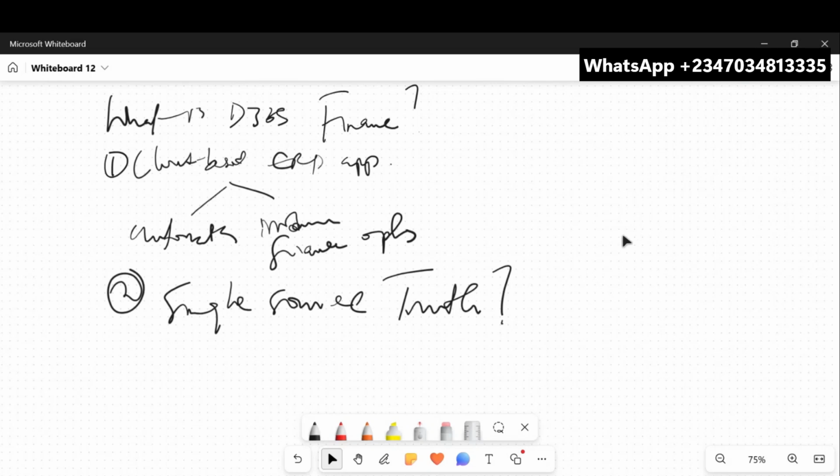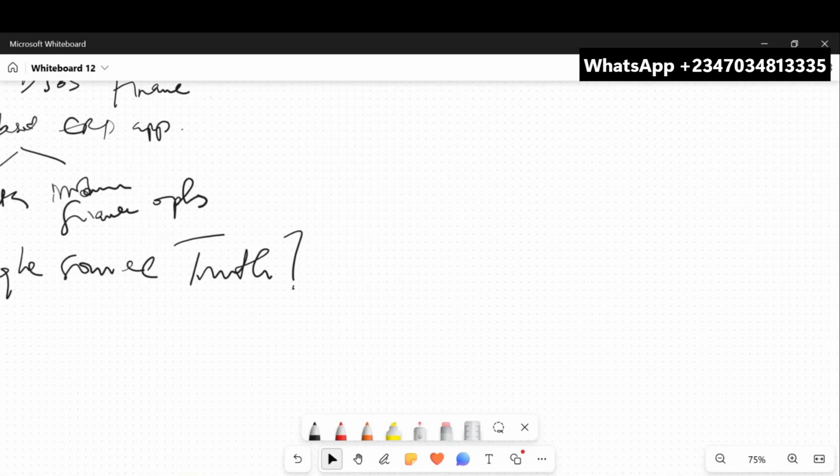Jide gave a very good concept, which is basically where data is entered once. To explain this, let me go back again. I think this understanding is very important when you're explaining the concept of ERP. Single source of truth can also mean what we call the one version of truth.